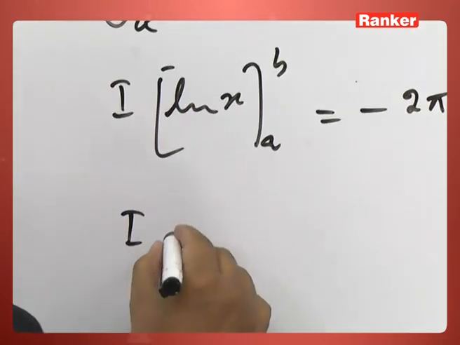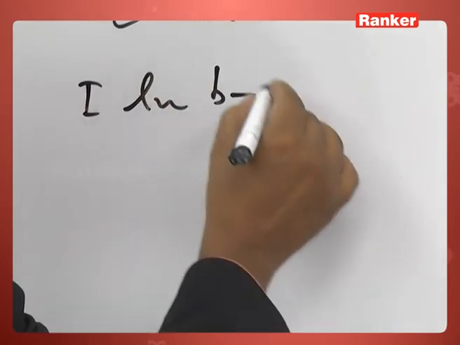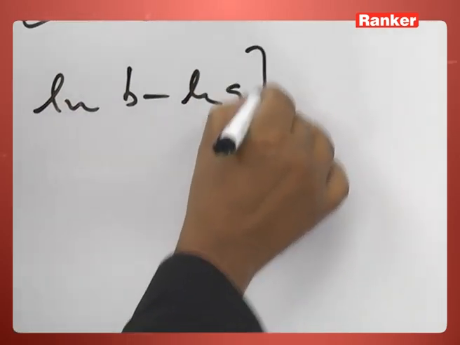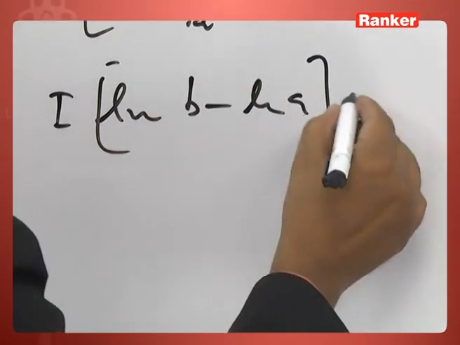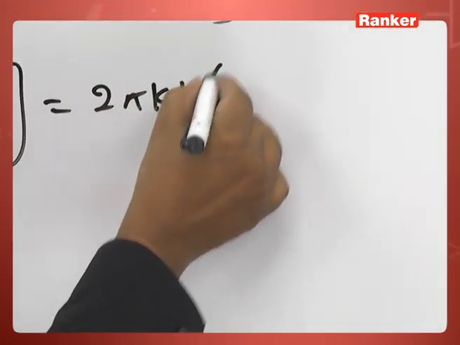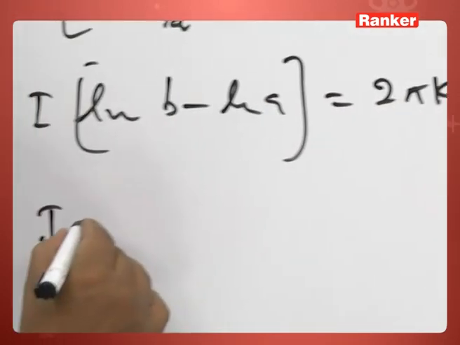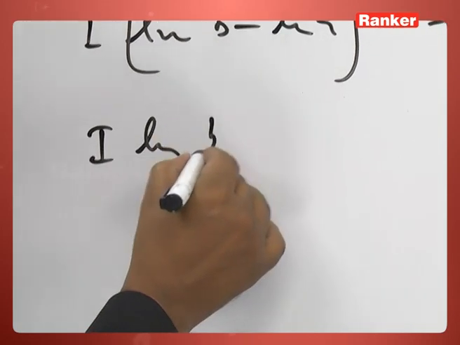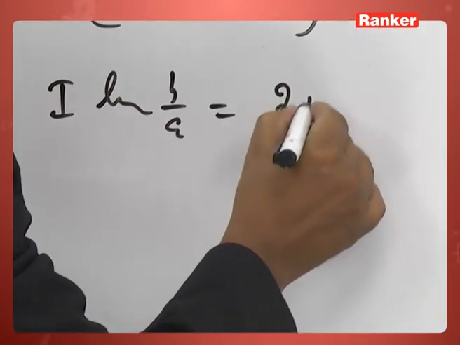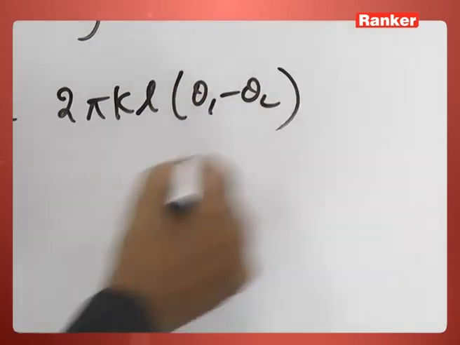So, heat current I is ln, we first substitute B, then A, the limits are over, then minus I am bringing inside, theta 1 minus theta 2. So, I times ln B by A equals 2 pi k L times theta 1 minus theta 2.